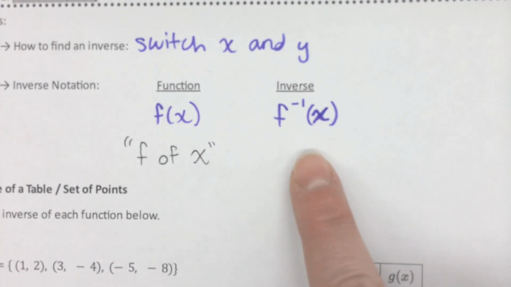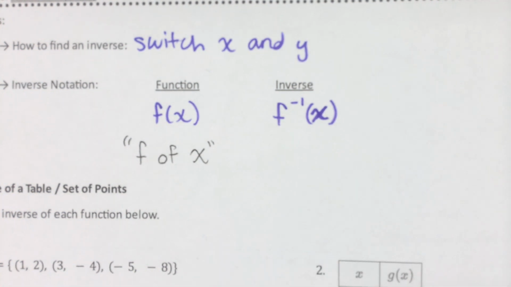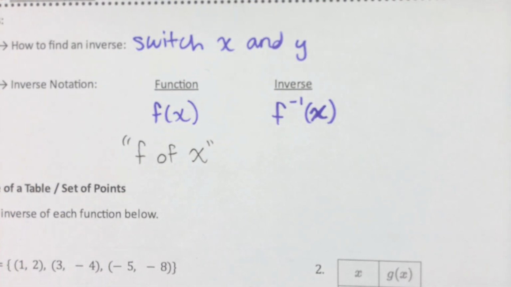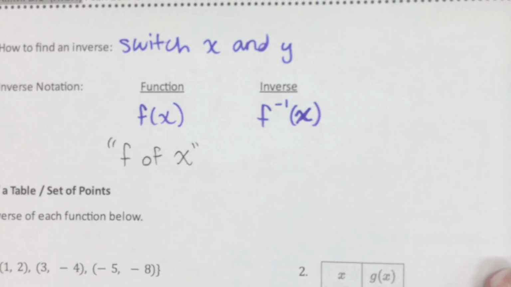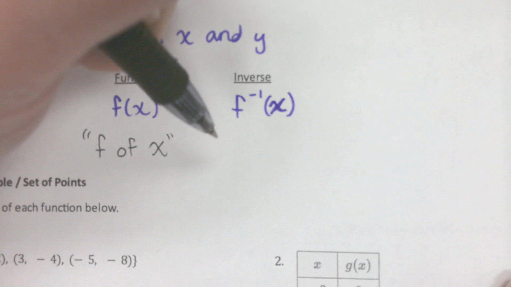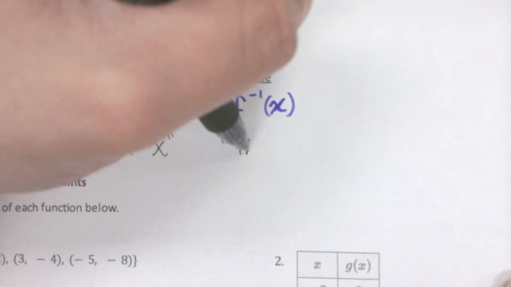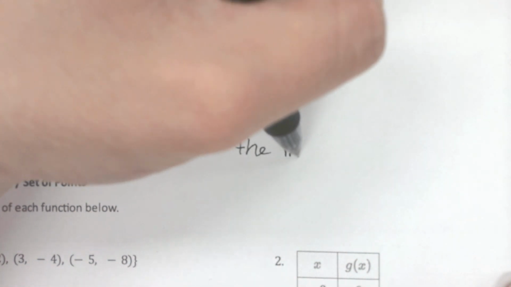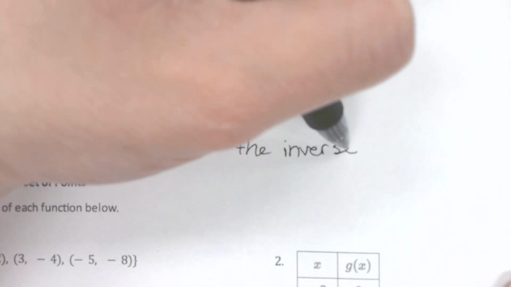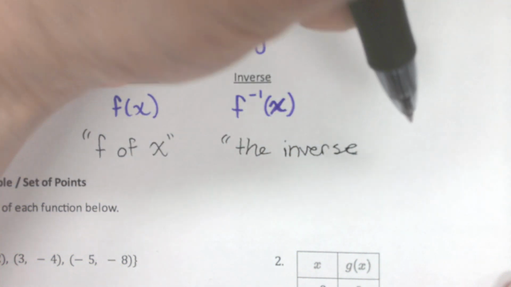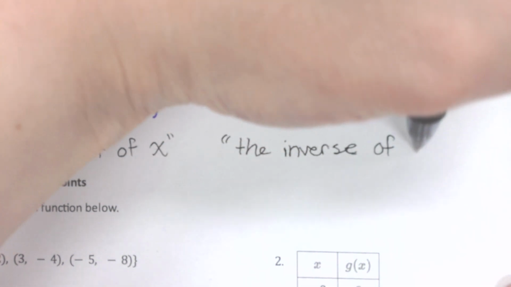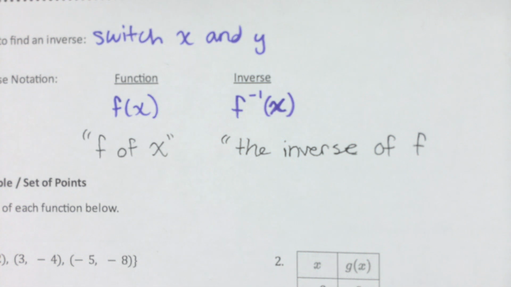It is going to be very tempting to read this as f to the -1. That's not how you read it. That -1, it's not actually an exponent. It is just a symbol. The proper way to read this is the inverse of, and often I'll be lazy and just say the inverse of f.